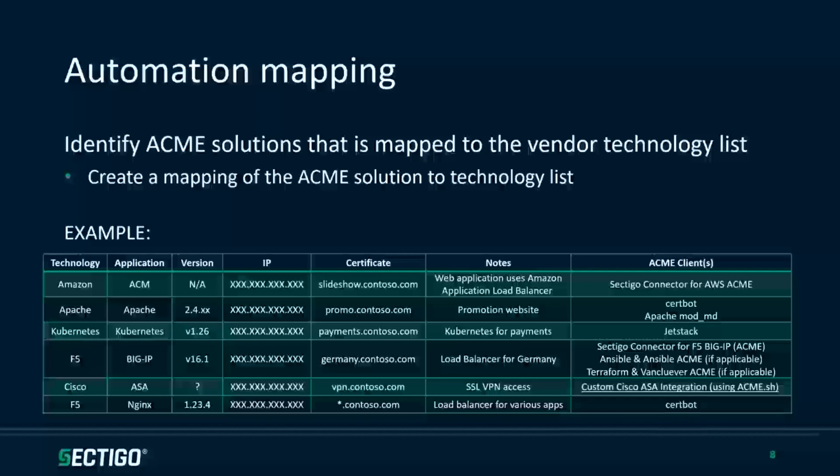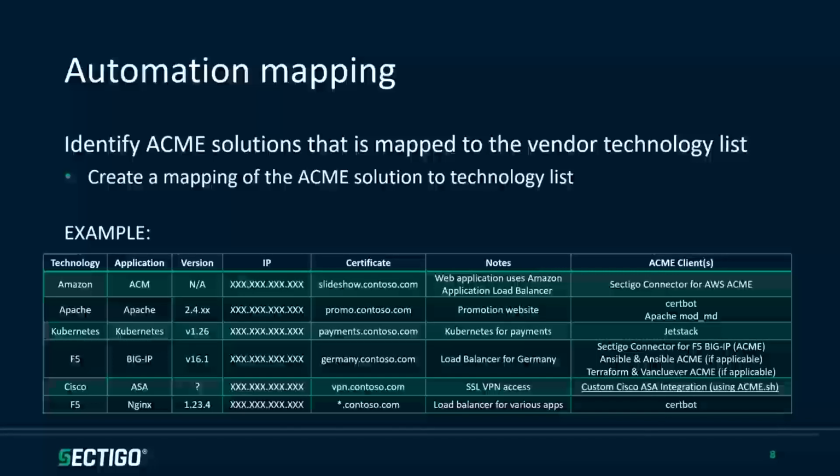This is just a purely mapping exercise so that you understand that today you could be using zero, but once you get step 1 done and step 2 done, step 3 is just saying these are all the ACME clients that can be utilized for these given sets of applications, to at least give you an idea at a macro level of what you can automate using some of the readily available ACME clients out there.